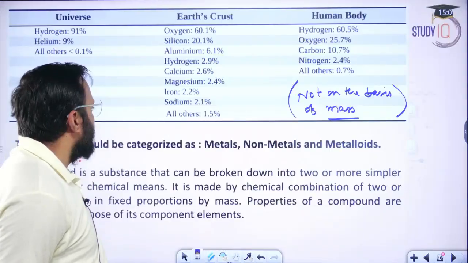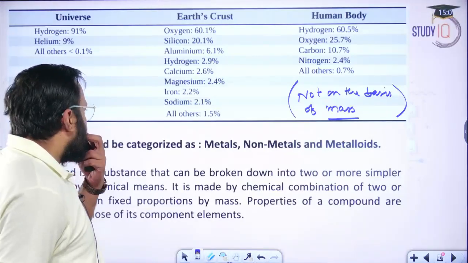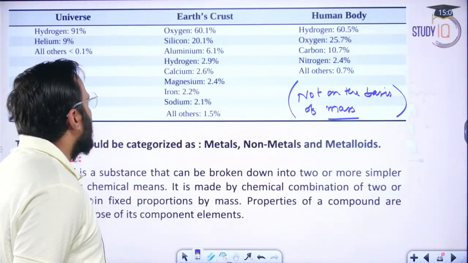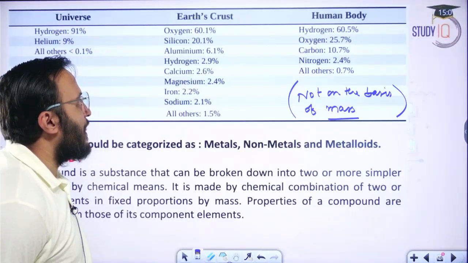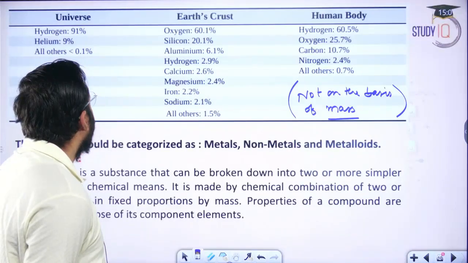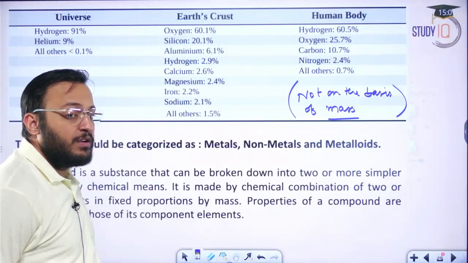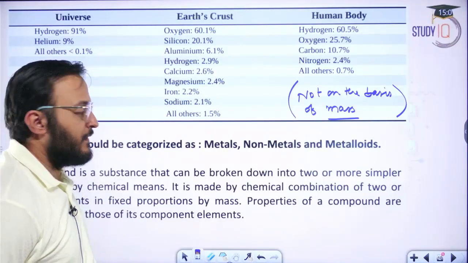As you can observe, the earth crust by volume contains oxygen as the maximum percentage, and the human body contains hydrogen as the maximum percentage. The universe also contains hydrogen anyways.